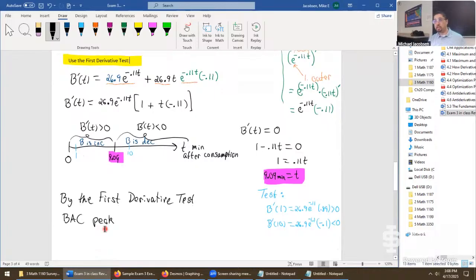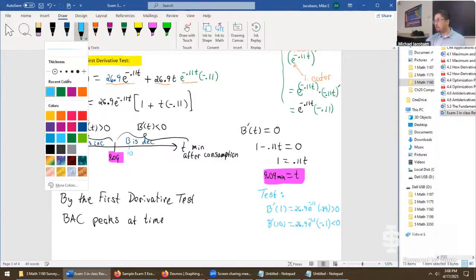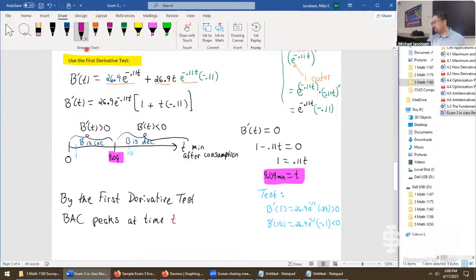Anything you convey along those lines would be just fine. I'll say blood alcohol concentration peaks at time, just bring back the critical number, t equals 9.09 minutes.